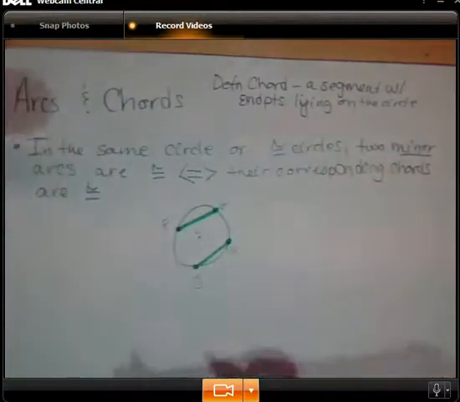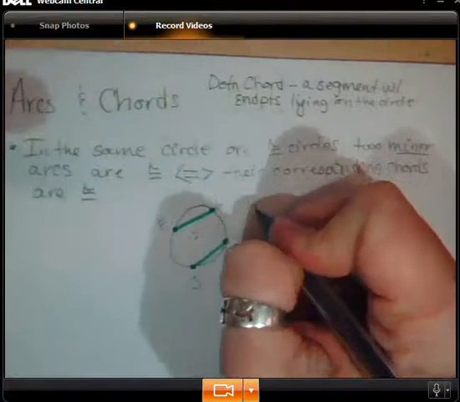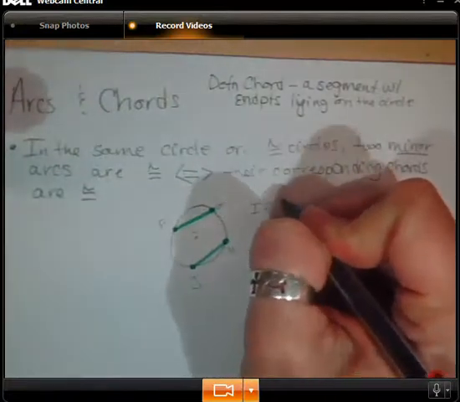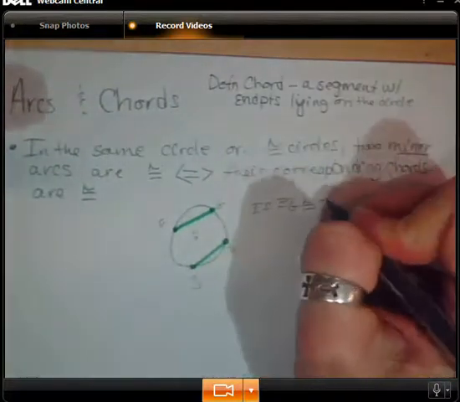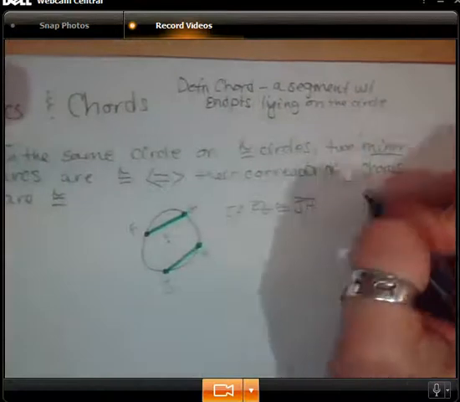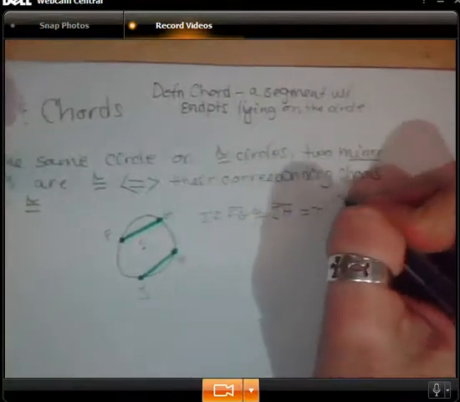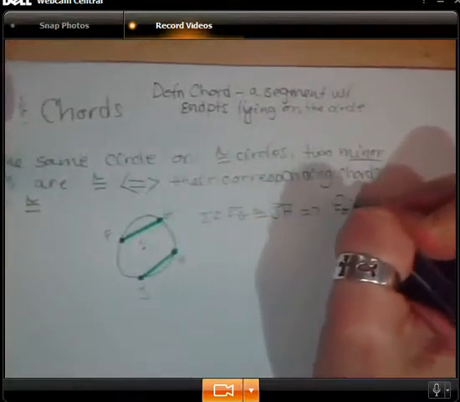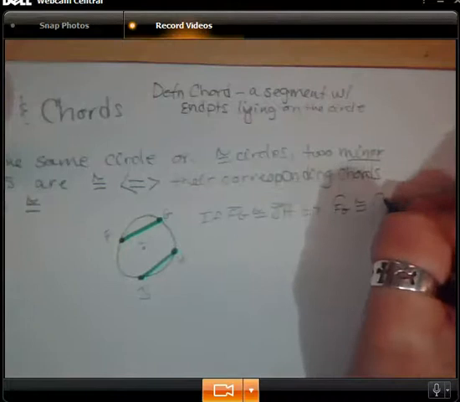So basically what we know is if FG is congruent to JH, then arc FG has to be congruent to arc JH.